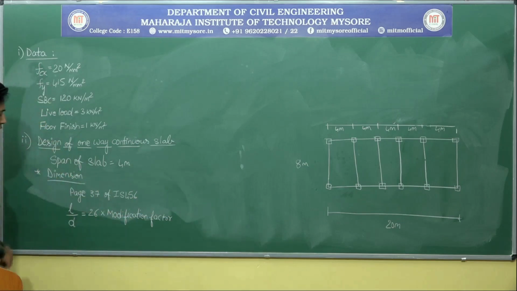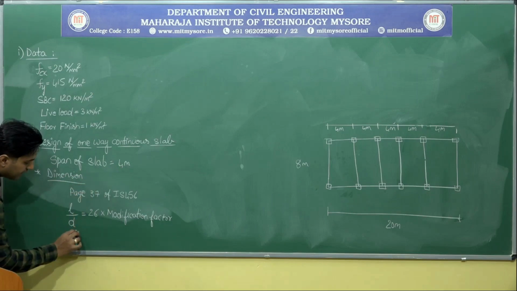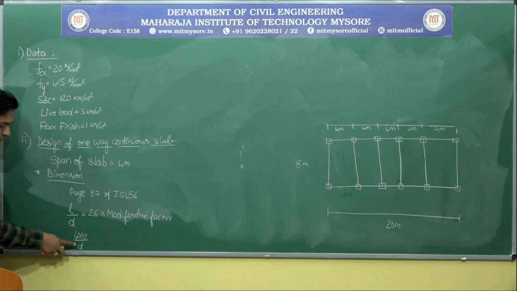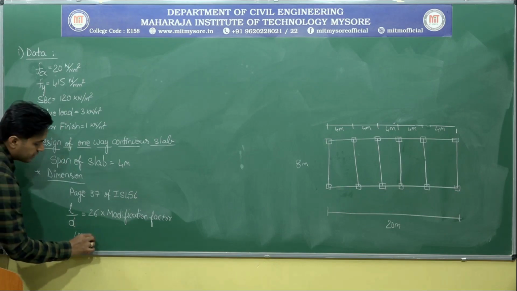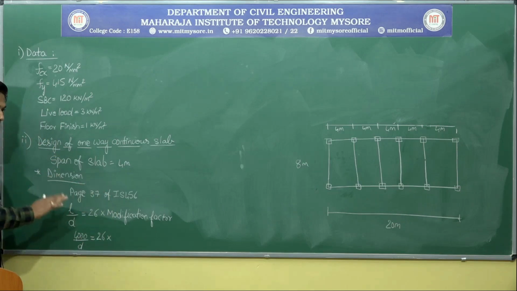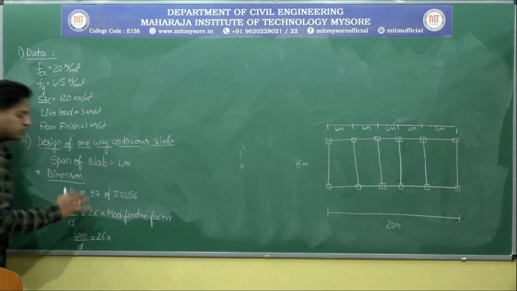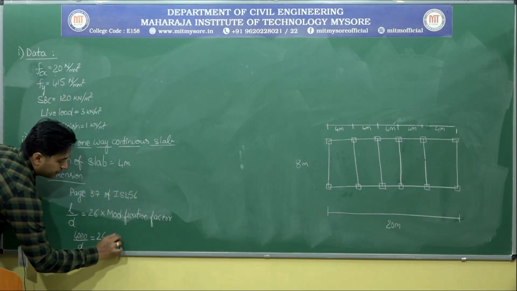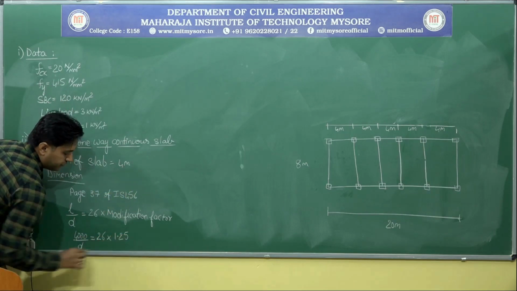Now I know the span. So what is the span? 4 meter. So can I write it as 4000 mm divided by D, I want the effective depth only, is equal to, I don't know the multiplication factor. For time being, assume it as 1.2, 1.25, somewhere around that. Let me assume it as 1.25.